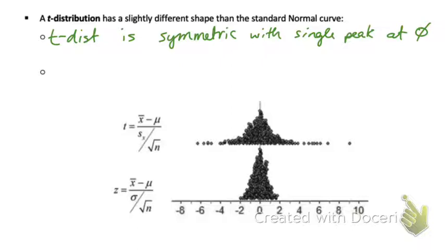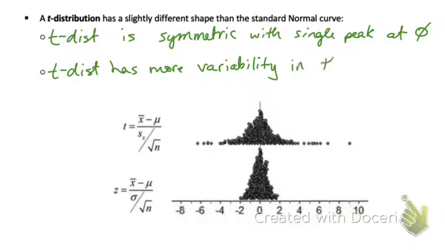That's because it is. A Z distribution is symmetric with a single peak at 0. So here's the difference. A T distribution has more variability in the tails. There's more variability out in the tails.